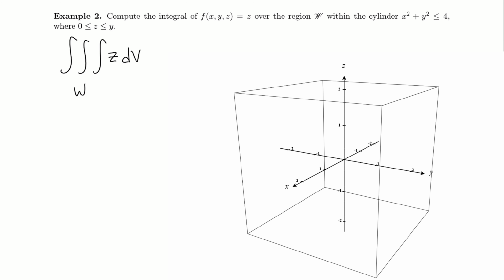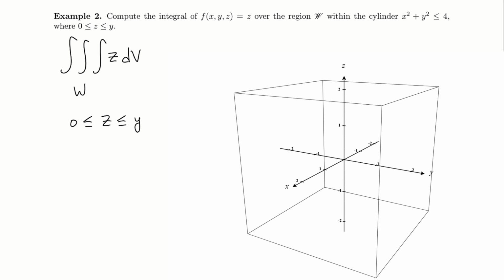So for w, we want to be within the cylinder. Let's go ahead and look at this inequality here. We want specifically where z is between 0 and y.